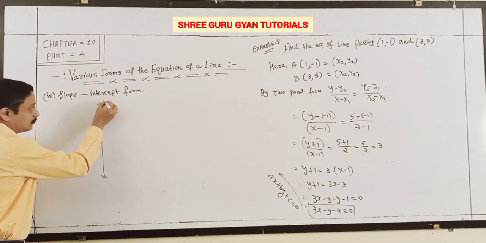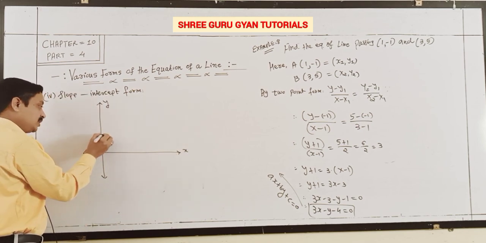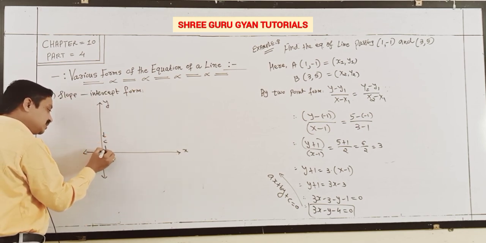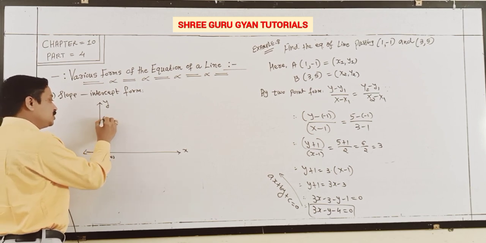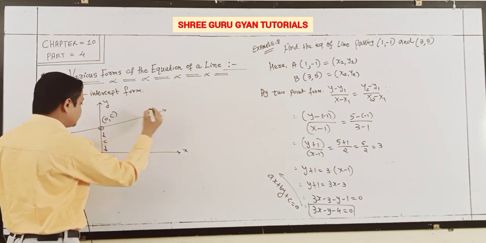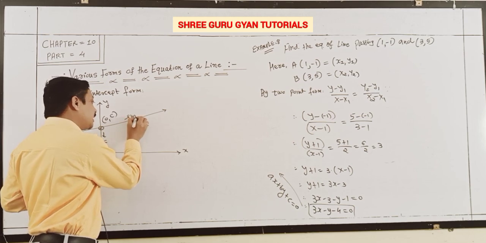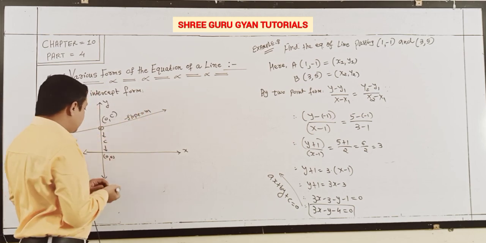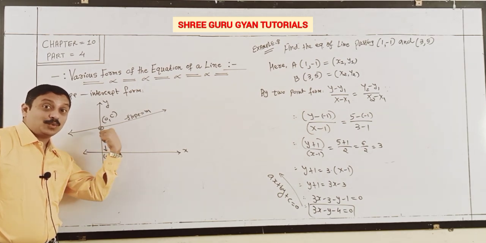Consider that's your y, that's your x. Here one distance traveling from the origin, consider it c. This is your origin, so this point is definitely (0, c). Here you can take one line having slope m, and this is the distance traveled from the origin.